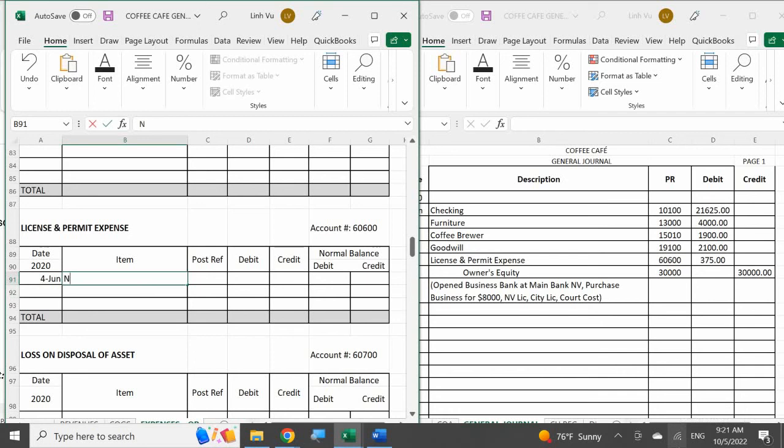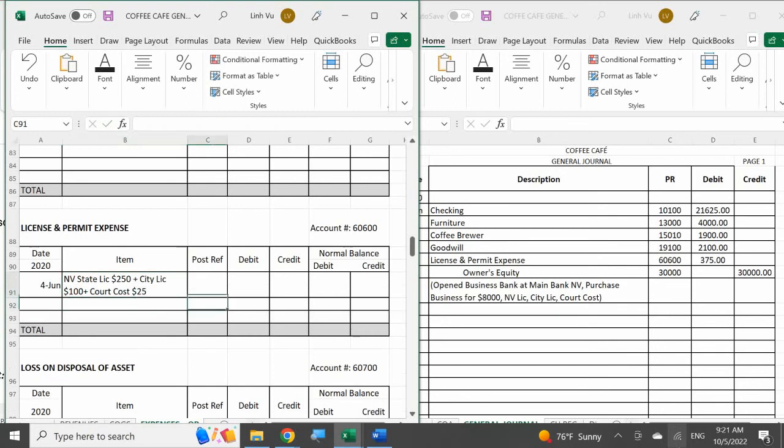Well, we had to pay for a Nevada state license, that was $250, plus a city license for $100, and then we had to pay court cost to change the business name for $25. And this was on General Journal, page 1, for a total of $375.